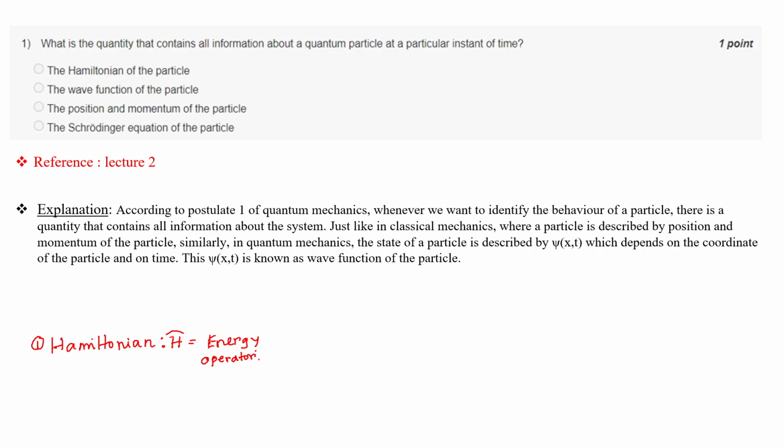Schrodinger equation. Please ignore my handwriting. I know it's very poor. So can anybody tell me what is the Schrodinger equation? Anybody?